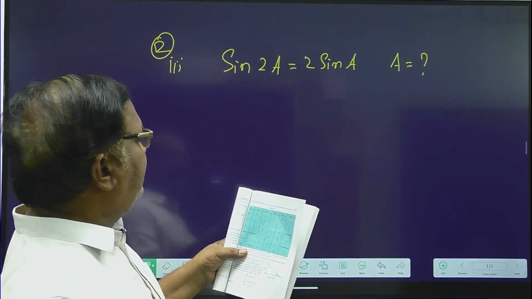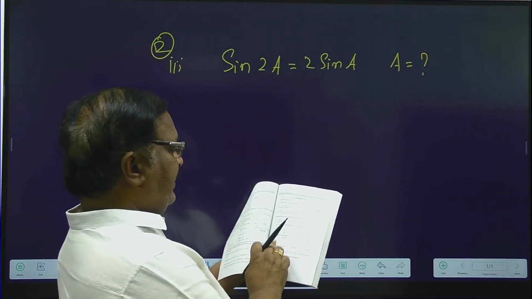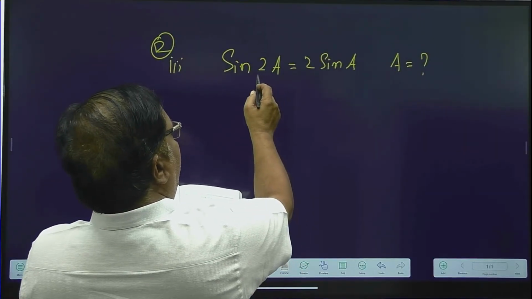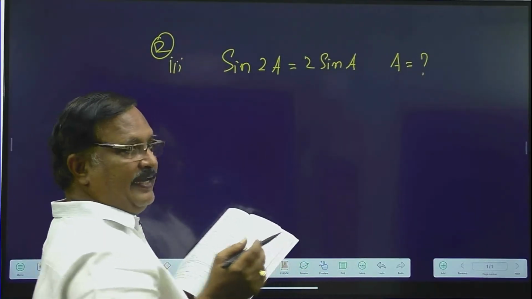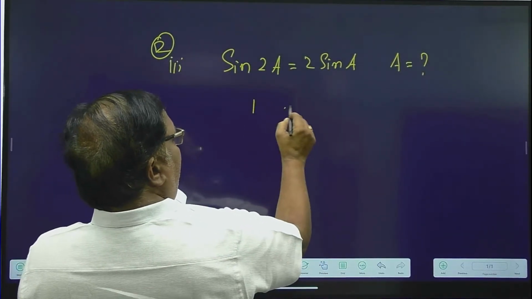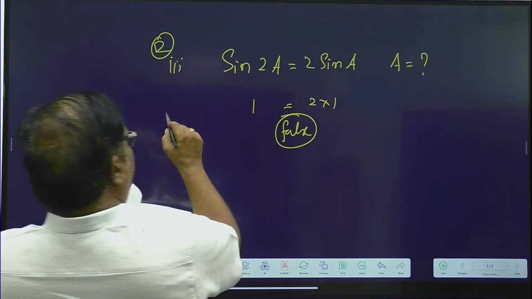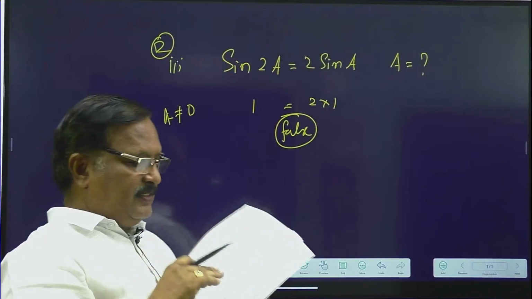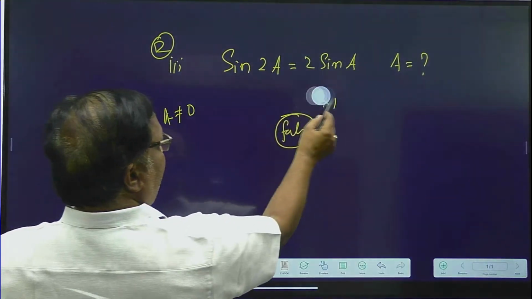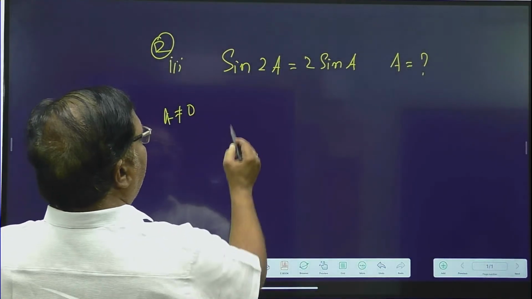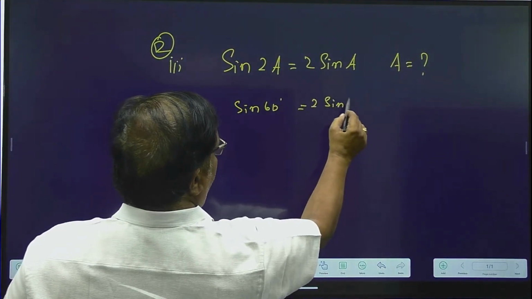So sin 2a, if you put a is equal to 0, let us start from 0. Sin 2 into 0, that is sin 0 degrees, which is 0, and 2 into sin 0 is 0... so we check the options. If a is 30 degrees, sin 60 degrees is equal to 2 into sin 30 degrees.